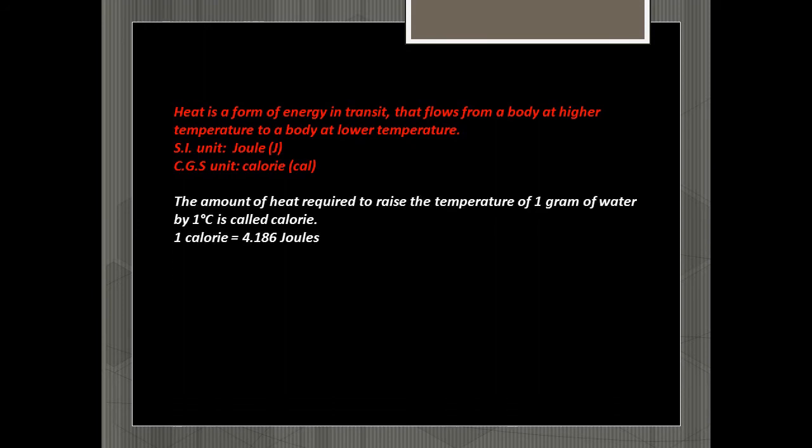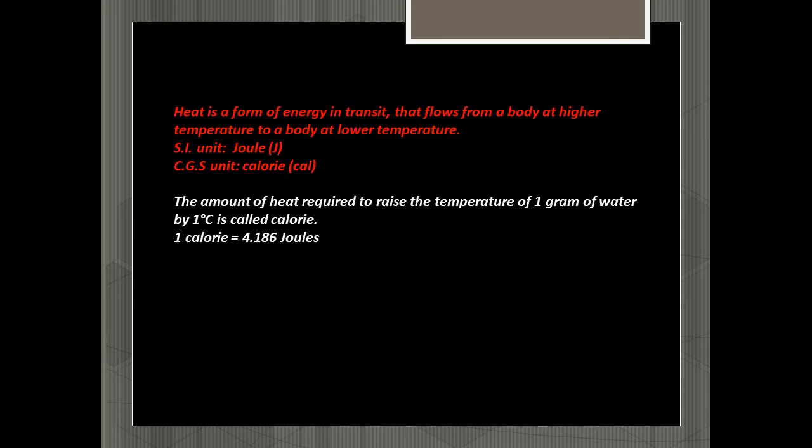The SI unit of heat is joule and CGS unit is calorie. What is calorie? Calorie is the amount of heat required to raise the temperature of 1 gram of water by 1 degree Celsius. 1 calorie is equal to 4.186 joules.